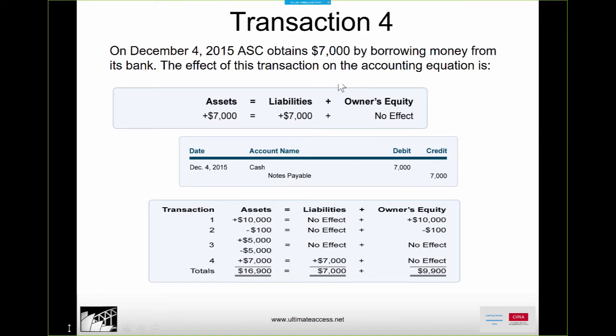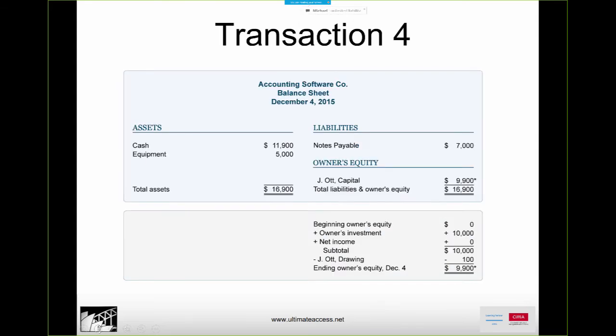And this is how it will look in the balance sheet. As you can see, owner's equity, nothing has changed. Payable has come through, and then we see the cash has increased, equipment has come through now and it totals to 16,900. So from that first transaction, if you remember, he invested 10,000. We are going through. So the first was 10,000 he invested.